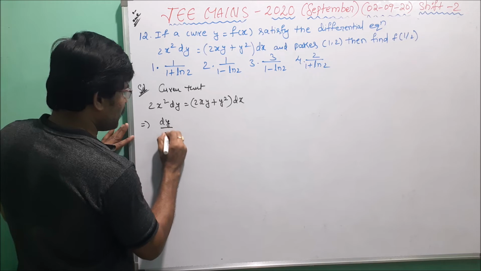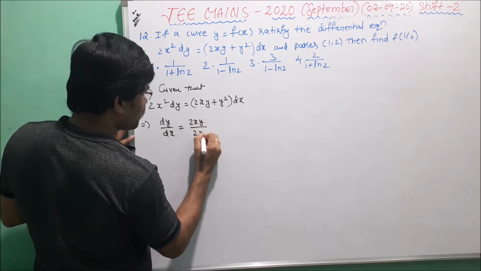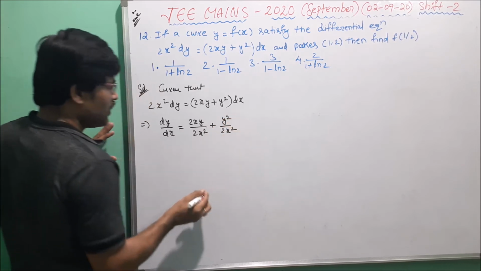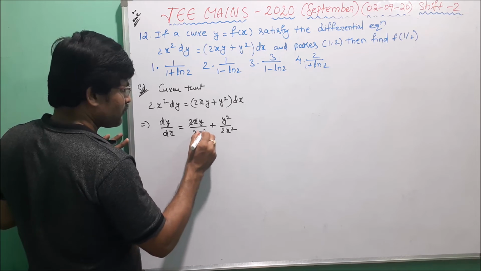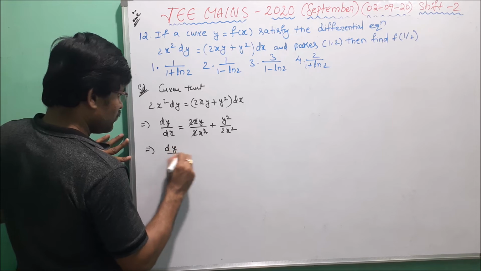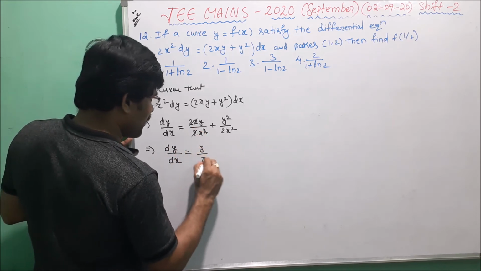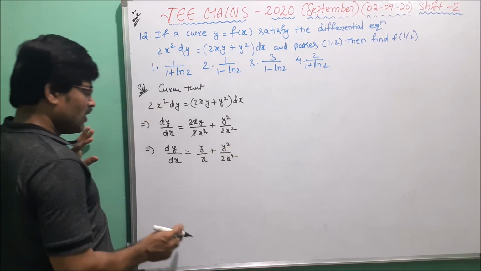That is dy by dx equals 2xy by 2x square plus y square by 2x square. In the RHS, 2x will be cancelled in the first term. That is dy by dx equals, in this we write y by x plus y square by 2x square.